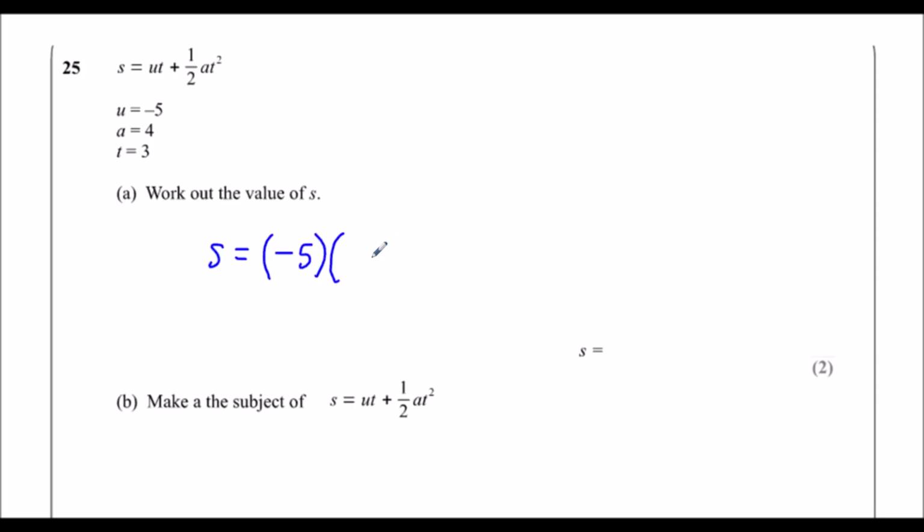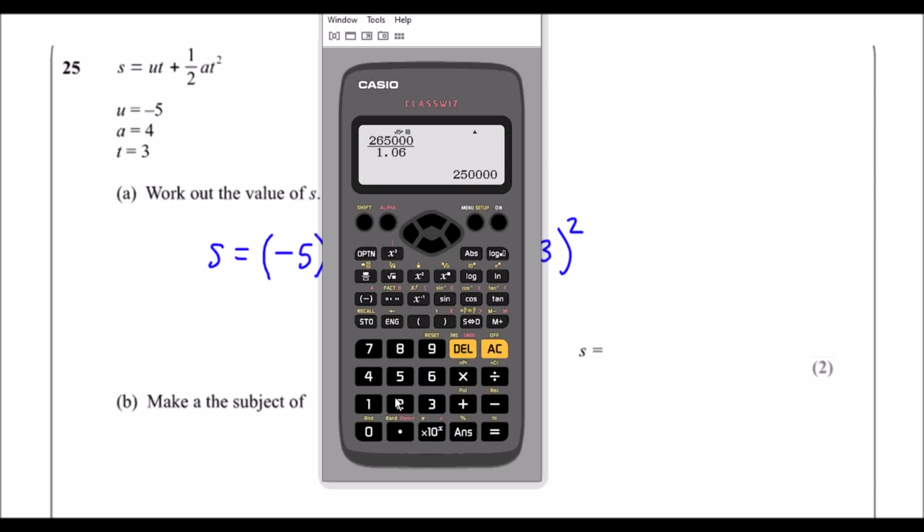So u and then t, which is 3, plus half times a, which is 4, and t squared. So 3 squared. So I've just changed all the letters to brackets and put the numbers in for the brackets, and now I can just type this into the calculator.